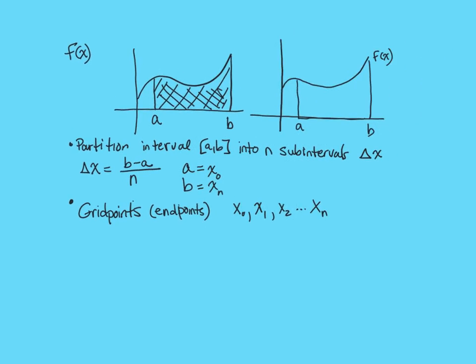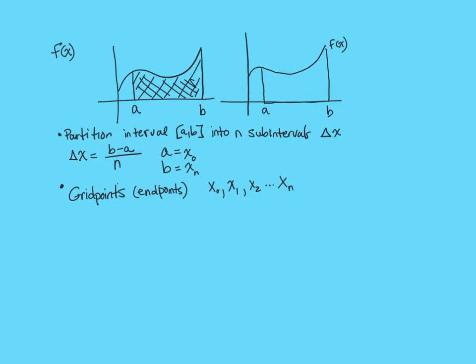Now, in each subinterval, each kth subinterval, we're going to choose some point, and it can be any point. We're going to talk about some specific things later, but it can be any point in the interval.